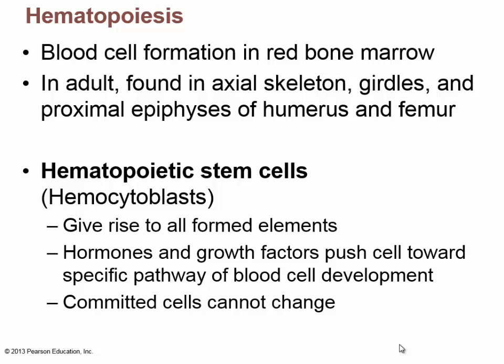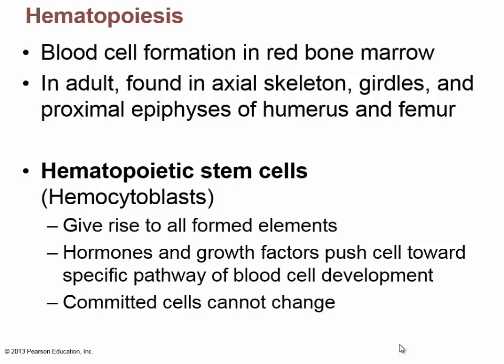Now, all blood cells, whether it's a platelet, a white blood cell, or a red blood cell, all start off as something known as a hematopoietic stem cell. Based on the name, what does it mean? Blood-making stem cell. Or it also has another name called hemocytoblast. I see it used interchangeably.